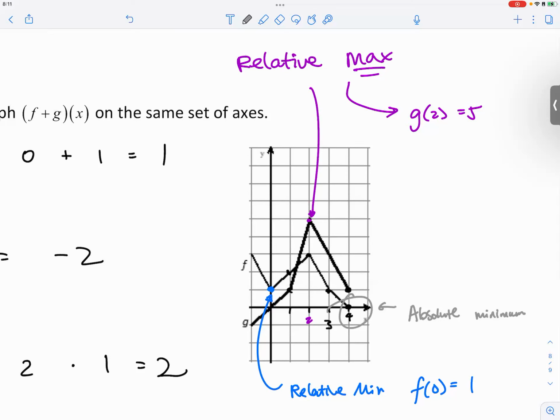Yes. Why is that the relative minimum? Which one? F of 0 is 1. It's relative because it goes down and it goes up again. So relatively, that's a low point. Oh, you're only talking about the f. Yeah, it's just the f.